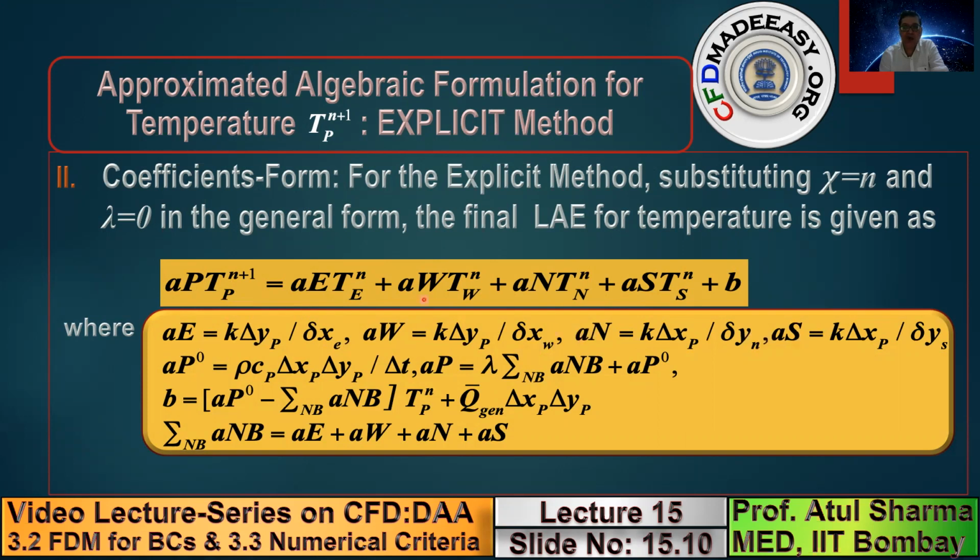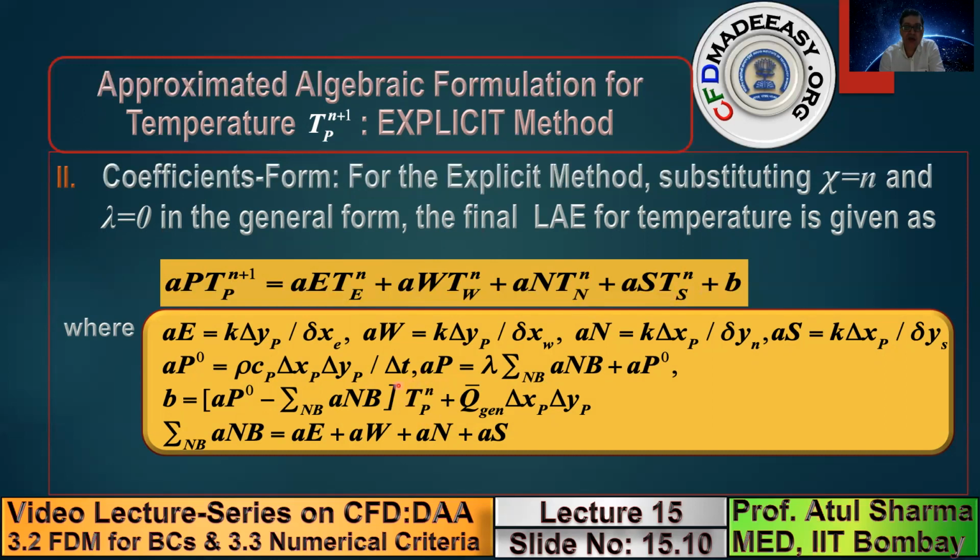These are the coefficients of TE, TW, TN, and TS. So this way we are ensuring that all the coefficients on the right hand side are positive. However, in this B term, there is a fifth temperature which is involved from the previous picture.